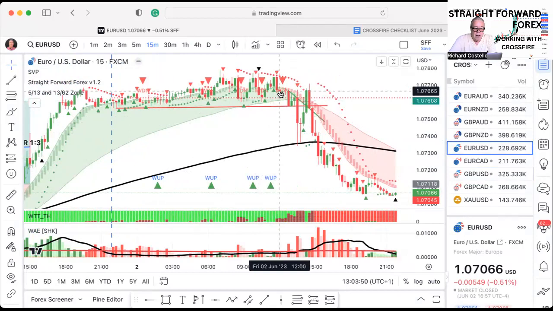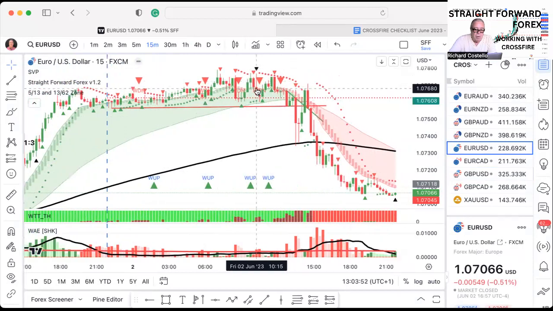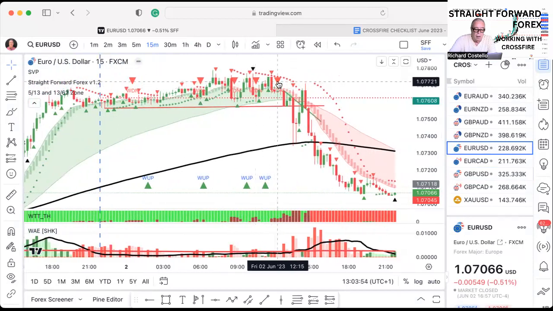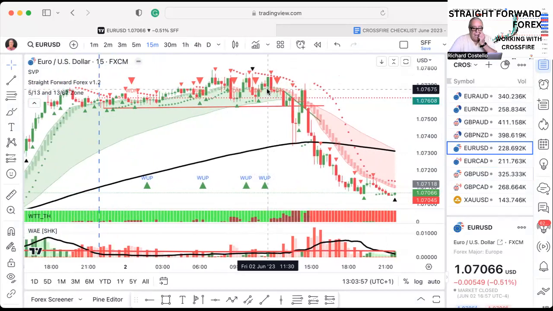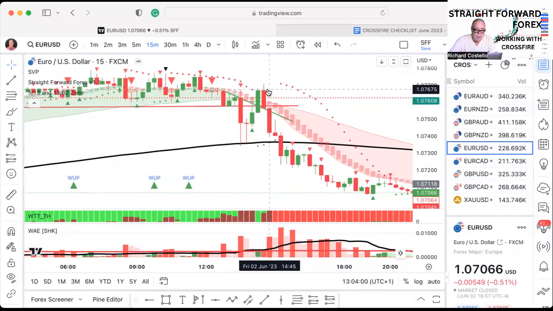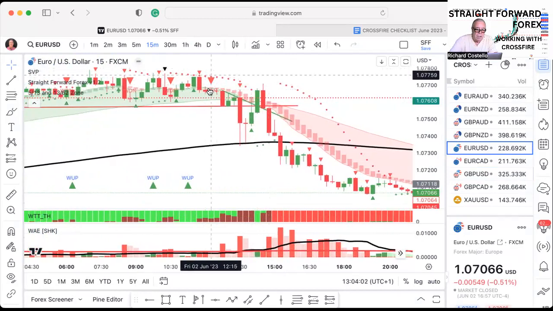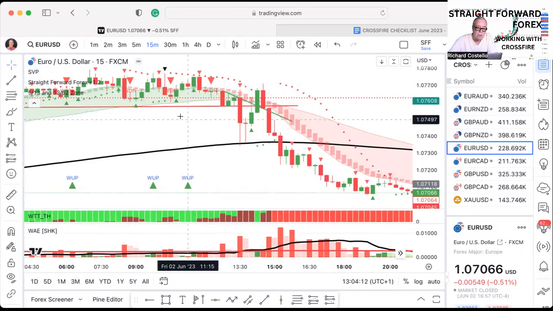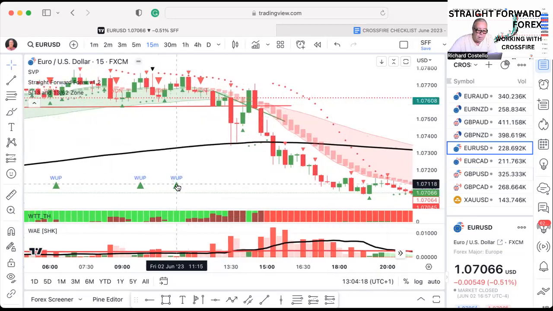Okay, so if I was considering getting in for a sell, we've got a wave down here. I'm just going to zoom in a little bit. So I'm looking at this wave down here. That is always the first trigger. In fact, I set alerts to let me know when there's a change of direction. So we were in a wave up, and then we got a wave down.